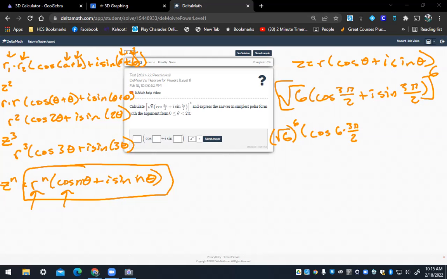Your n is your exponent, basically how many times you're multiplying it by itself. Plus I sine of n theta, so 6 times 3 pi over 2. And we're going to multiply all this out. I'm going to pause right there. I want to make sure you got every piece.